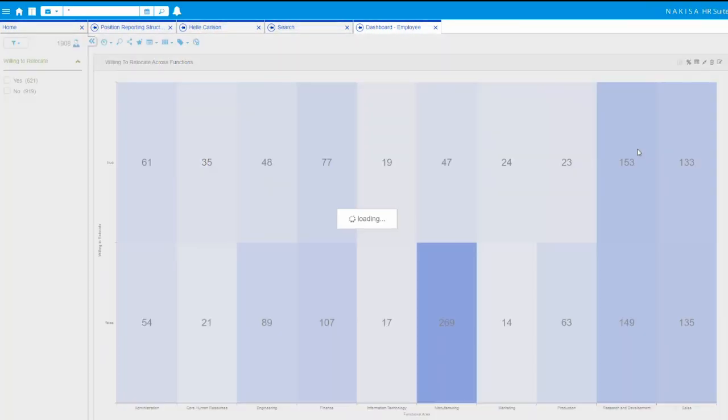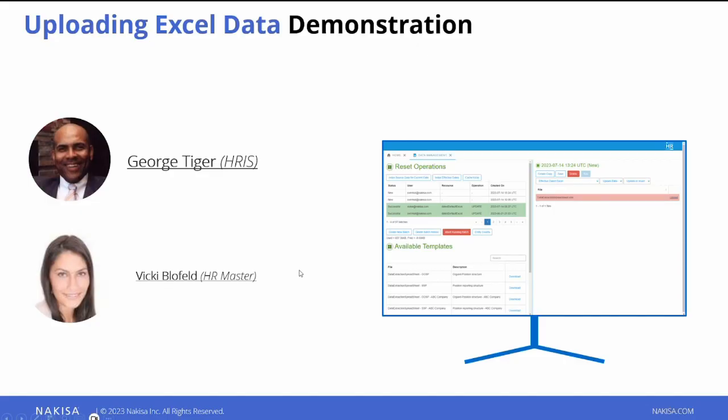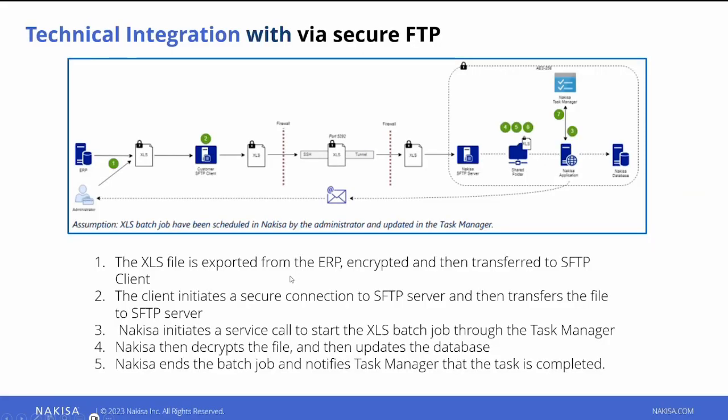Perfect. So let's go back to the presentation. This is the last slide we have, where instead of manually uploading these different Excel templates into the admin panel, if you would like to automate the whole Excel upload process, you can schedule these jobs and use a secured FTP folder to automate the complete process.